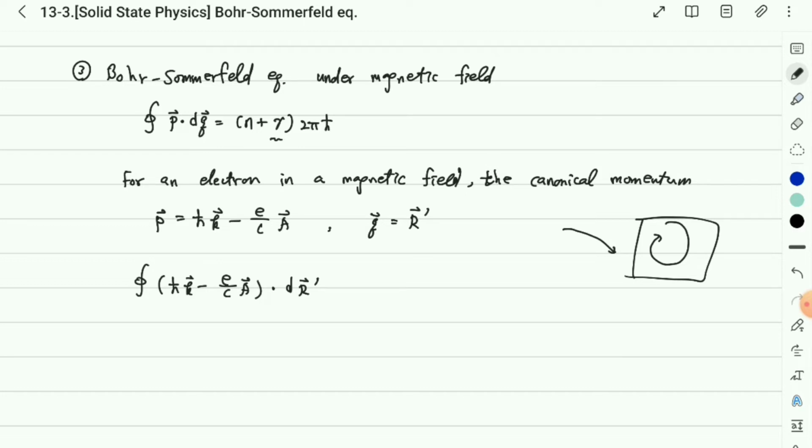Here, r prime is the real space anyway. It is quantized by (n + γ) 2πħ.